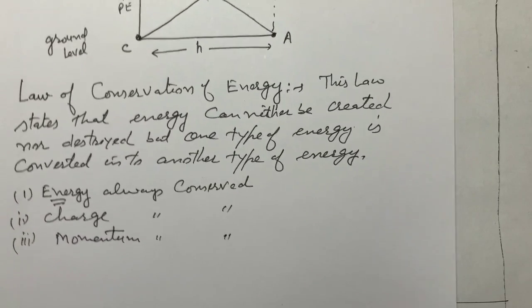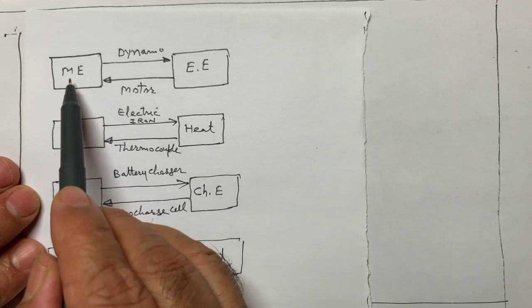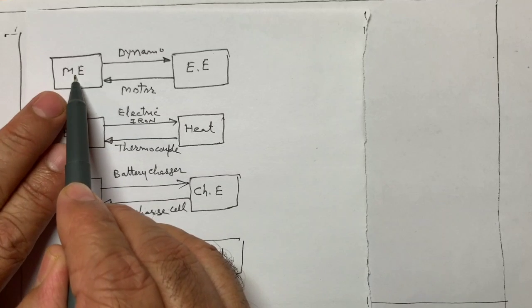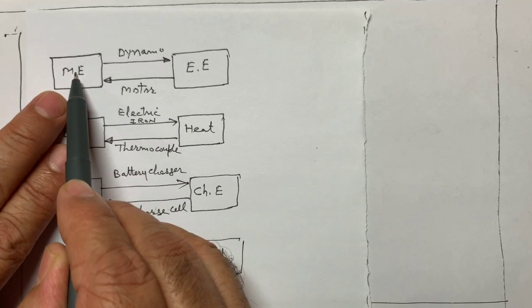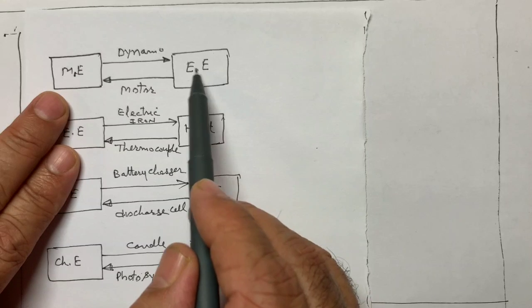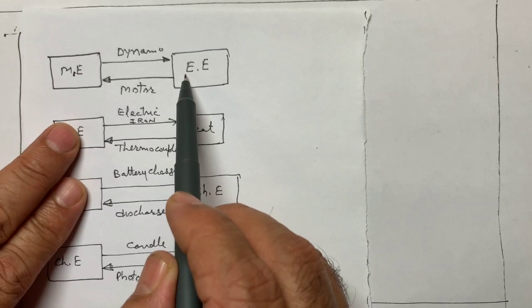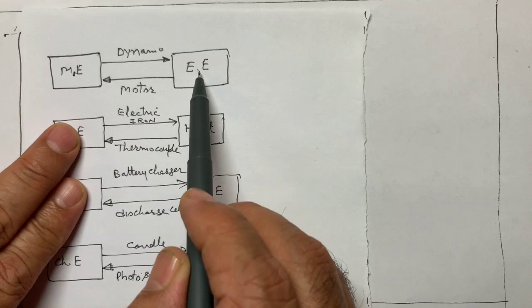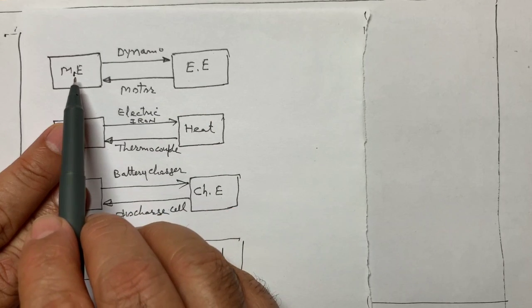Now we want to discuss the various types of energies. For example, first of all, we know about mechanical energy, which is of two types, kinetic as well as potential. And second one is electrical energy. Mechanical energy is easily converted into electrical energy, and in reverse, electrical energy is also converted into mechanical energy.